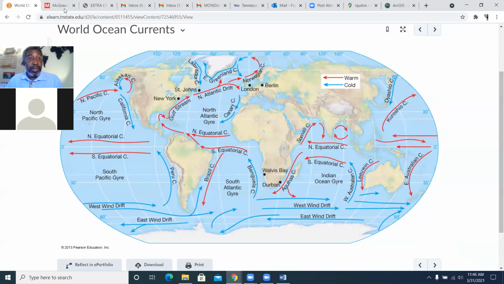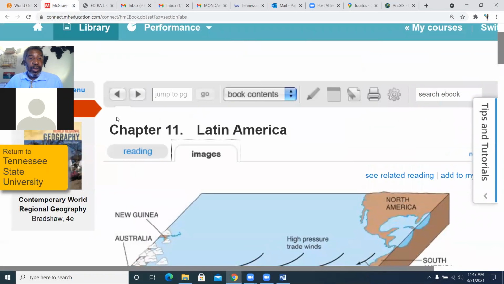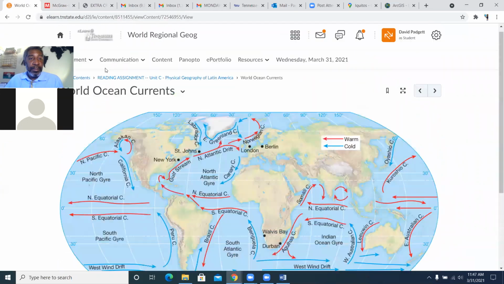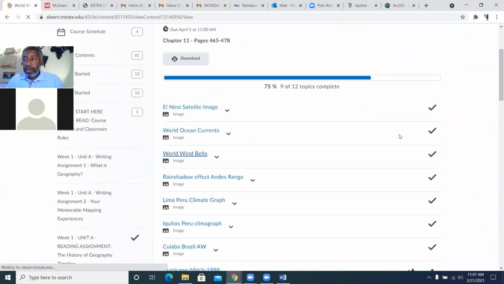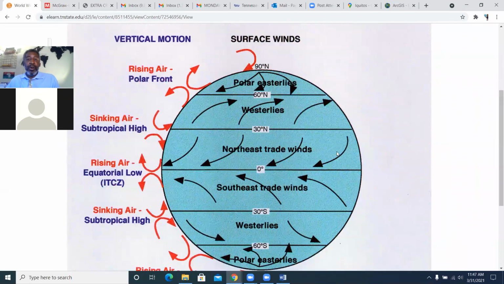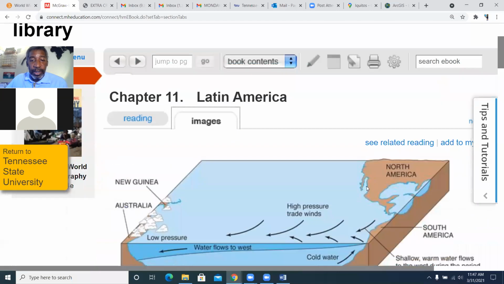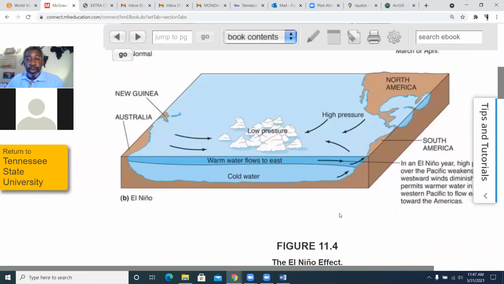That's what normally occurs. And we also have, if we look at the world wind belts, if you notice, in the tropical region, they normally flow from east to west. That's under normal conditions. But as you can see in the textbook, during El Nino years, that flow is reversed. And so that results in several interesting things happening.